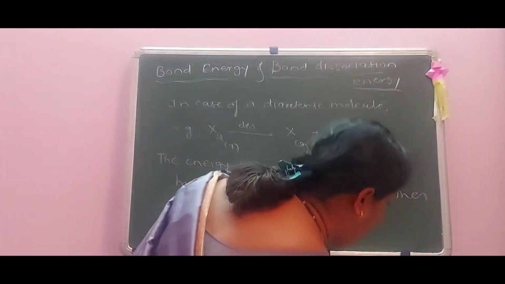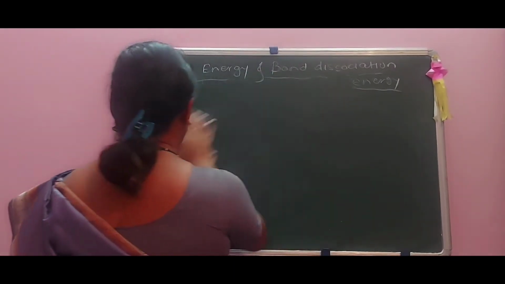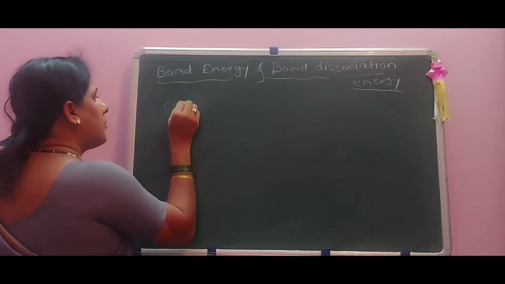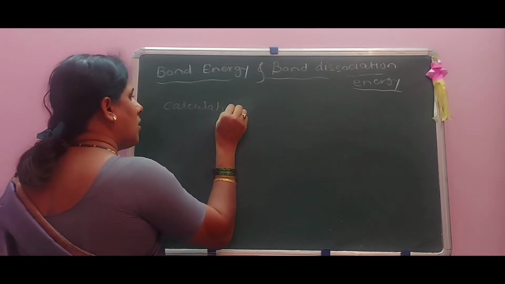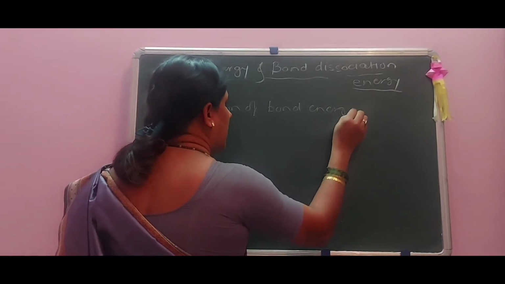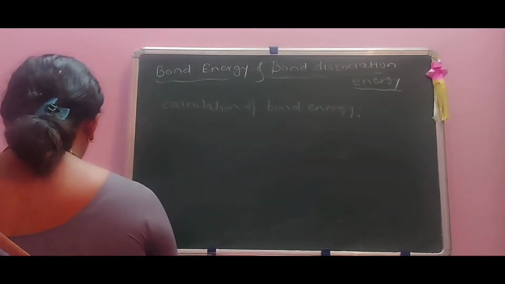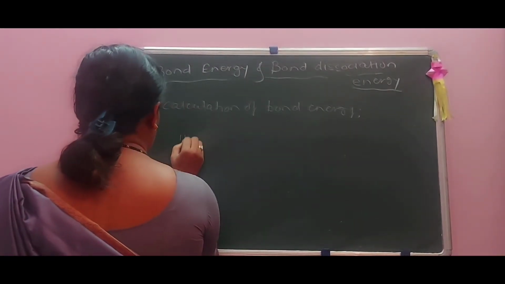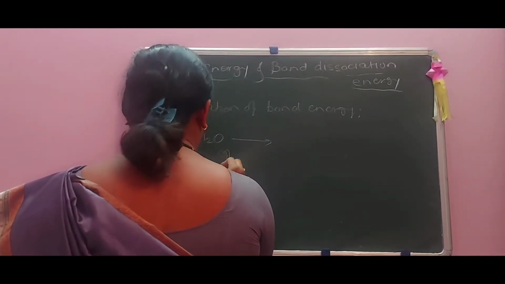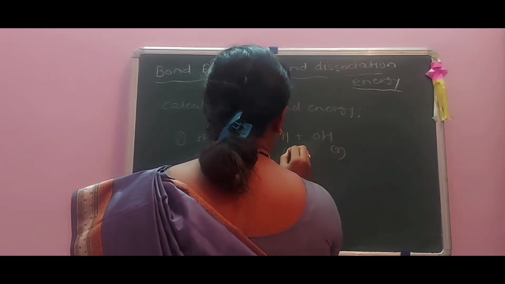Okay, for example, I am taking an example for the calculation of a bond energy. Suppose we have examples like this. First is H2O gives rise to, in gaseous state, H plus OH.